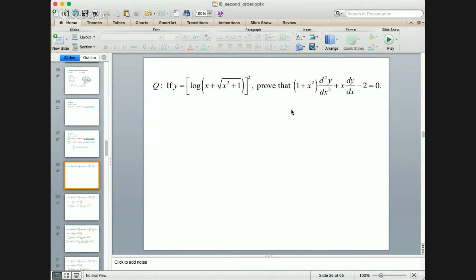So why don't you go ahead and give it a try and see what dy by dx is going to be, given y is the square of log of x plus root of x square plus 1. Take a minute and find the derivative of this function.